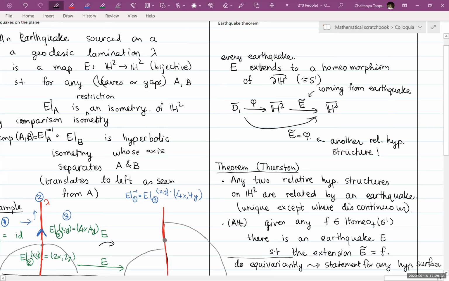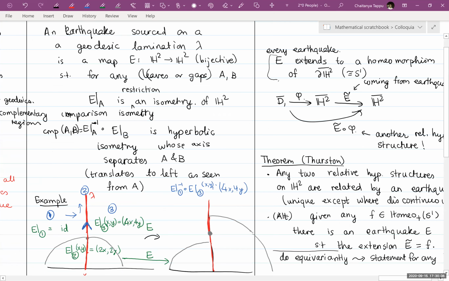And the set of all relative hyperbolic structures is called the Teichmuller space of the surface. This construction of the earthquakes and the extension to homeomorphisms of S1 gives one way of topologizing Teichmuller space.